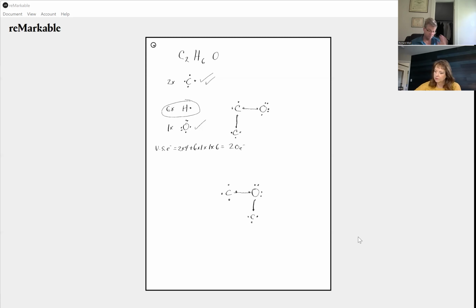In the top structure, how many unpaired electrons do we have in our working structure? 6. 1, 2, 3, 4, 5, 6. And we need how many? 6. Well, that is fortuitous.